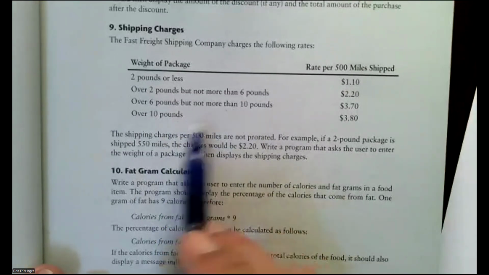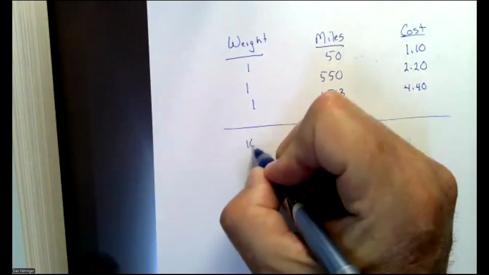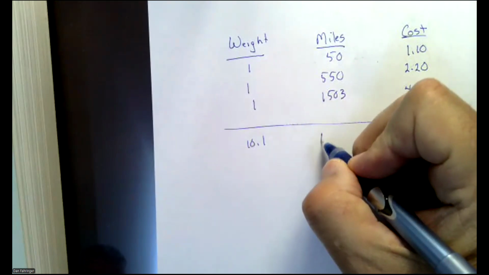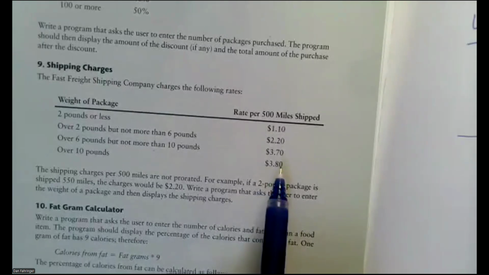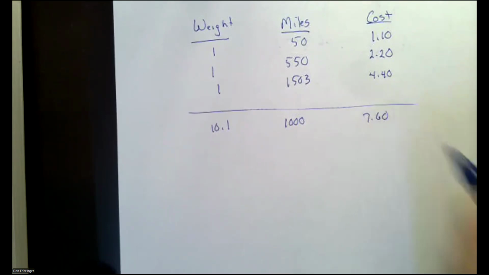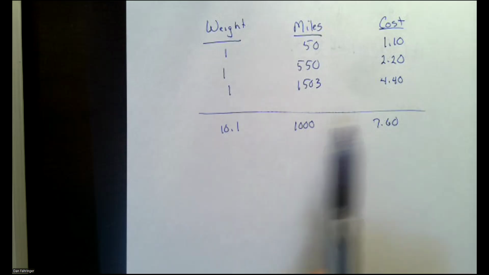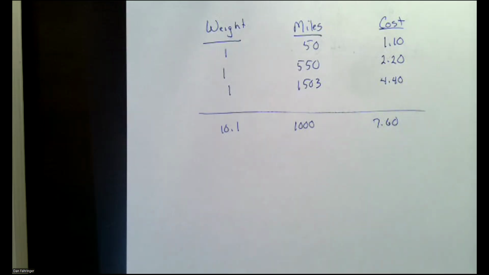So if the weight is 10.1 pounds and the miles is 1,000, this should be doubled. This should be 7.60. I can't do the program until I get this stuff kind of straight. I got it straight a little bit.